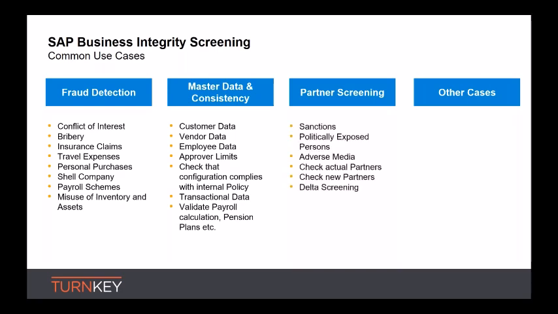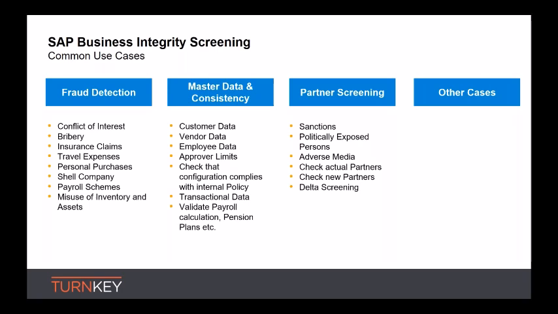Then we have, as part of the solution, also partner screening. So business partner screening is part of business integrity screening. You can use third-party screening lists from, for example, Thomson Reuters or Dow Jones, and then check your business partners against the screening list for sanctions to see if you have politically exposed persons within your business partners, or if there's adverse media existing for any of your business partners.